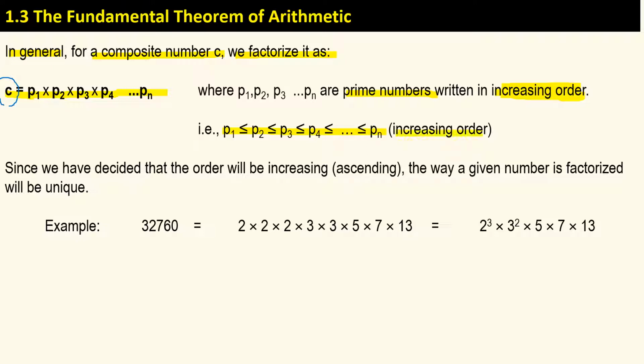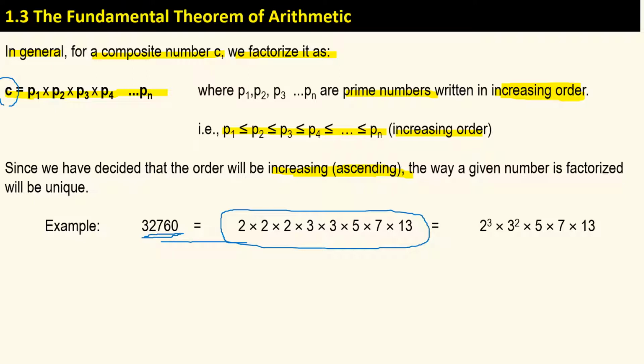So this increasing or ascending order is important. If we agree on arranging all the prime factors in increasing order, then the prime factorization that we shall obtain for any number will be unique. Let's take the example again of 32,760.